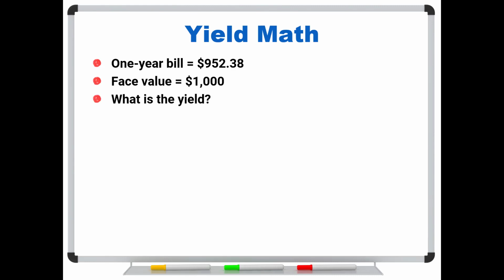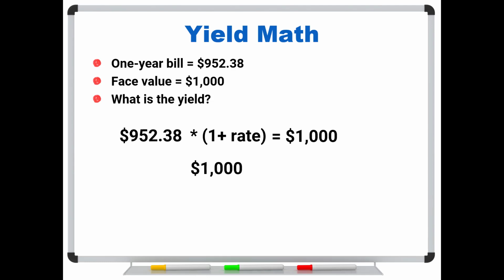Well, what's the yield? Well, it's pretty simple. We're just going to say if we pay $952.38 times some interest rate, that's what we're trying to figure out, has got to equal the maturity value of $1,000. So we just work this backwards. We're going to say $1,000 maturity value divided by our price of $952.38, and that equals 1.05.